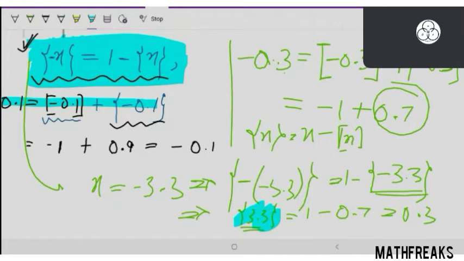So this rule is true for all x belonging to the real numbers. This property is true for all x belonging to real numbers, right?